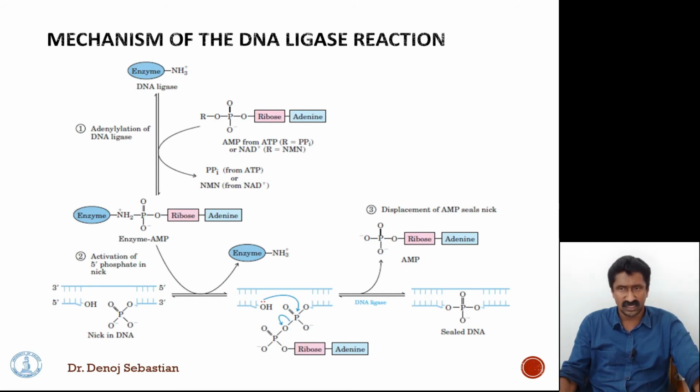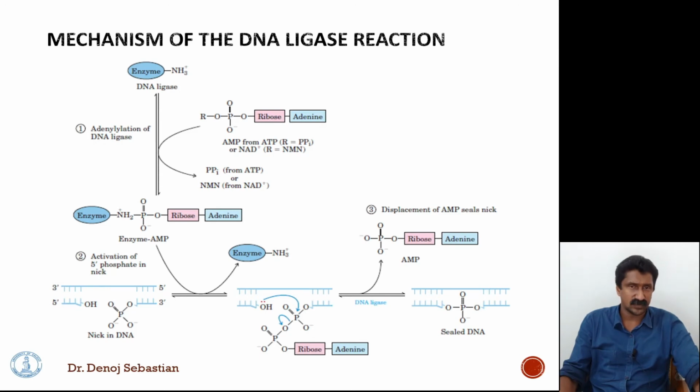So the ligase-AMP complex will bind, and there will be an electrostatic interaction between these phosphate groups, which transfers the electrons to the incoming AMP, and the OH group is transferred to the phosphate here, so that the phosphodiester backbone is completed at that point, and the ligase will then release the ribose, adenine, and a phosphate.